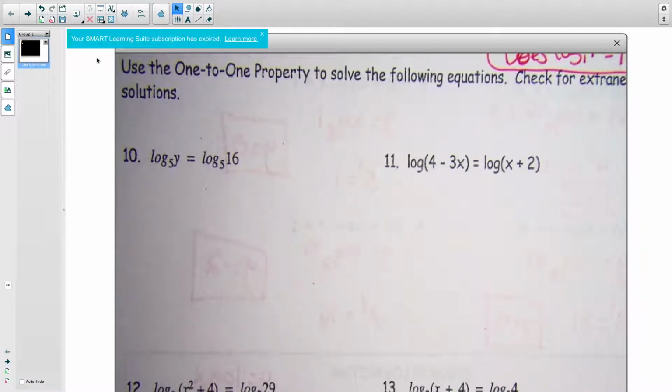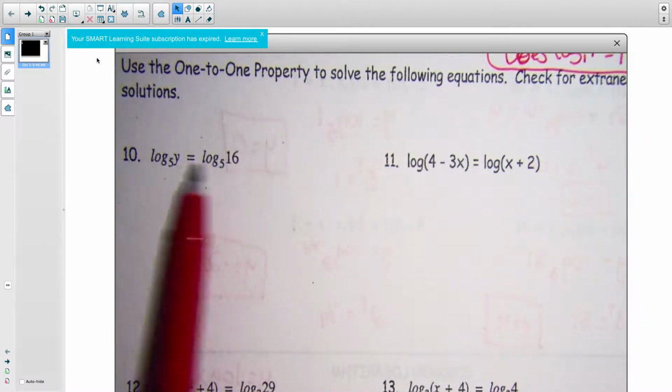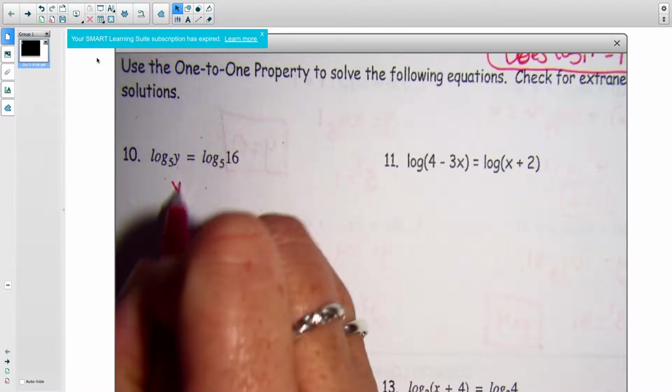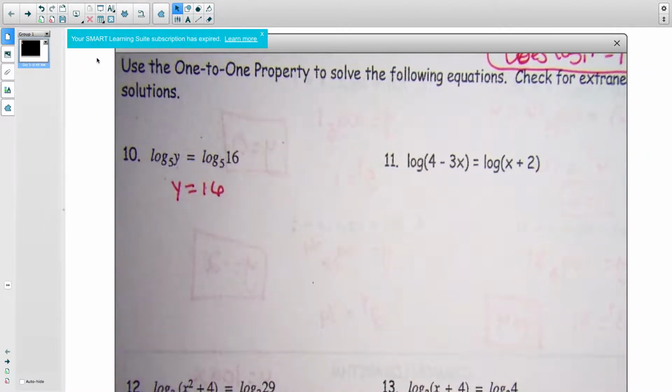10, 11, 12, and 13 are all that one-to-one property. Log base 5 of y equals log base 5 of 16. So what do you know? Y equals 16. For number 11, what base is there? 10.